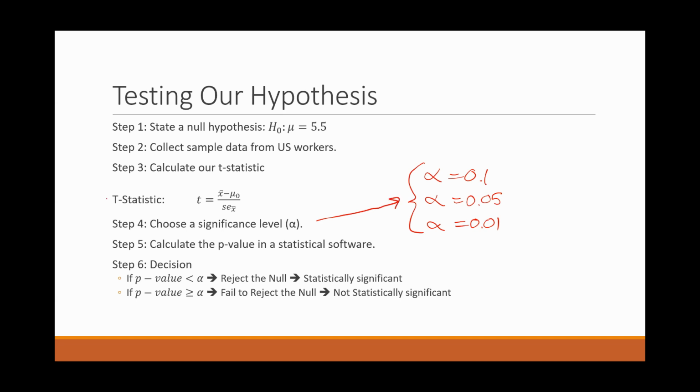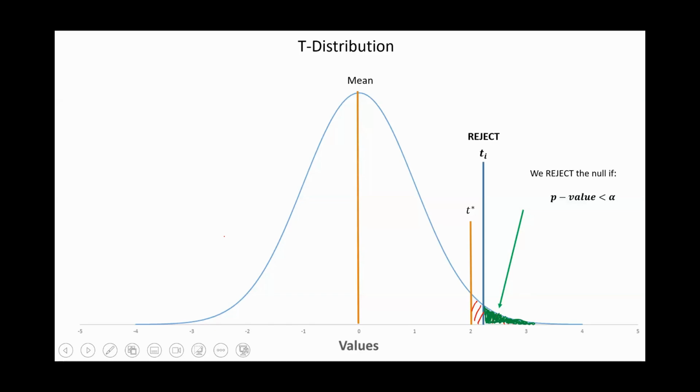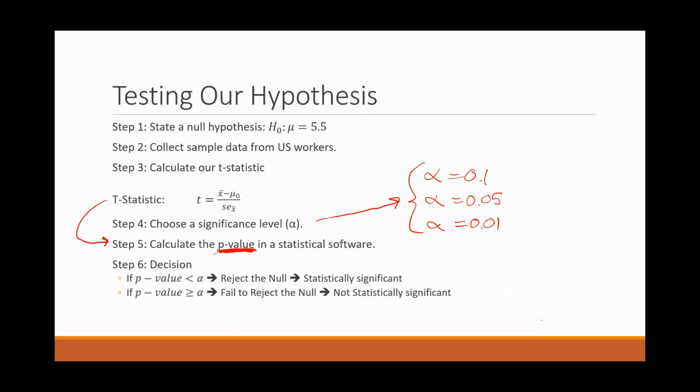Then you're going to take your t-statistic and use it to calculate a p-value. Again, the p-value is the probability of finding a t-statistic beyond yours. You're going to use statistical software for this, so it's not hard. Then you look at your p-value.